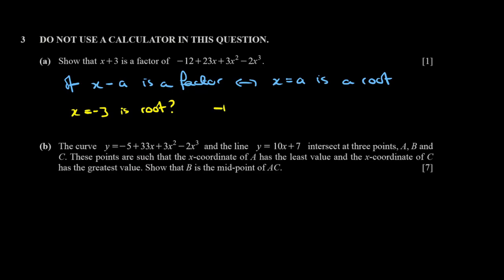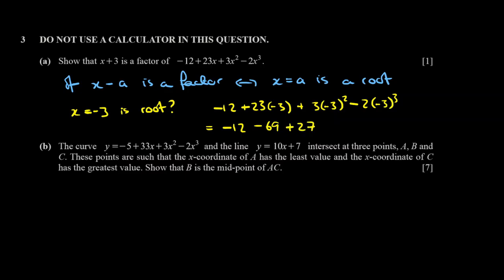So if we do that, we're going to get minus 12 plus 23 times negative 3, plus 3 times negative 3 squared, minus 2 times negative 3 all cubed. Well, I'll try to punch through that. So we get minus 12. 23 times negative 3 is going to be minus 69. Negative 3 squared is 9, times 3 is 27.